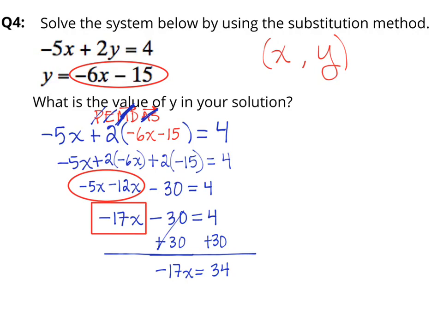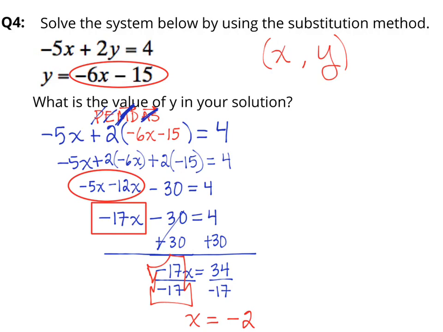Now I'm going to divide by the coefficient, which is negative 17. So each side gets divided by negative 17. And I know that this becomes 1x because negative 17 over negative 17 is a giant 1, right? So this becomes 1x, or simply just x. Equals, well, this is a positive divided by a negative, so I know I'm going to get a negative. 34 divided by 17 is 2. So x equals negative 2.